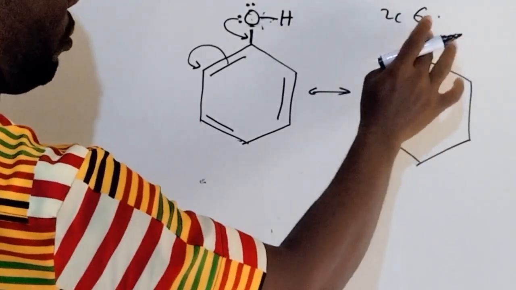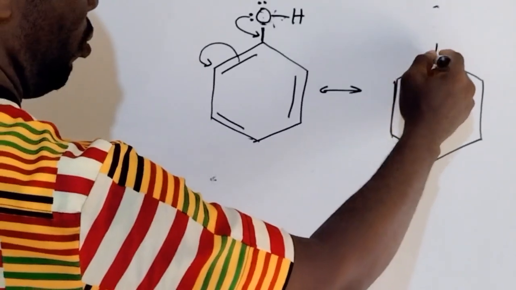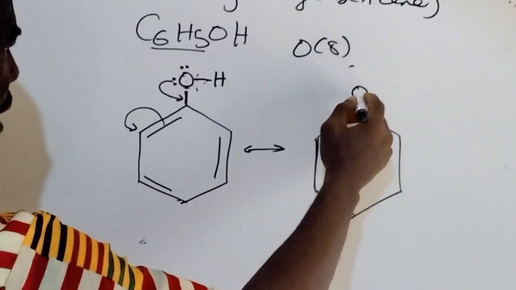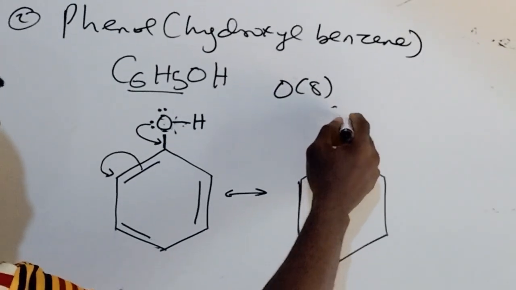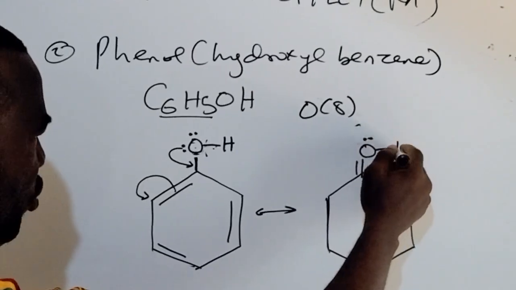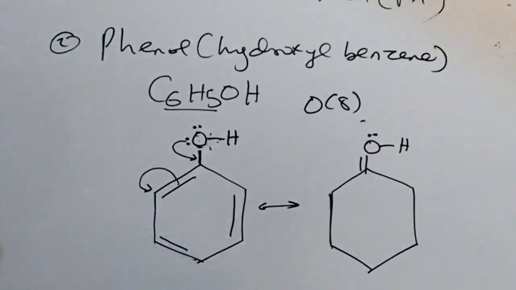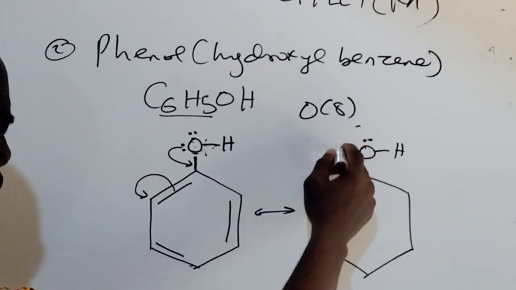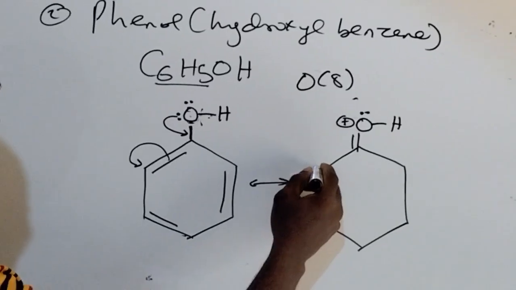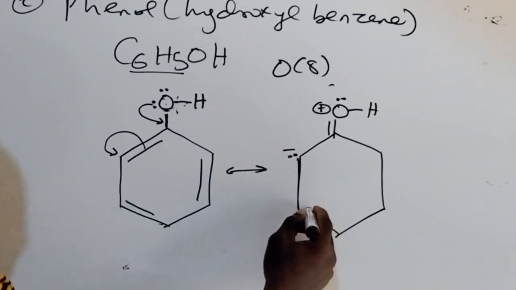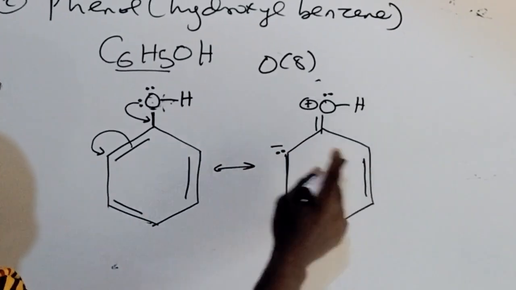Here we have the oxygen. We now lack 2 electrons, as 2 electrons are shifted away from it, making the oxygen electron deficient, so I give the oxygen a partial positive charge. The electron now moves to this point. You see that? The structure changes. You have the resonating structure for phenol.